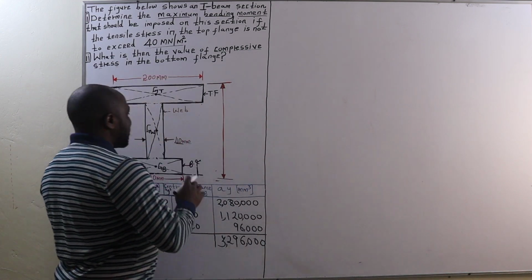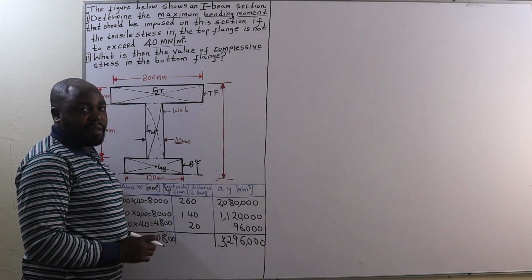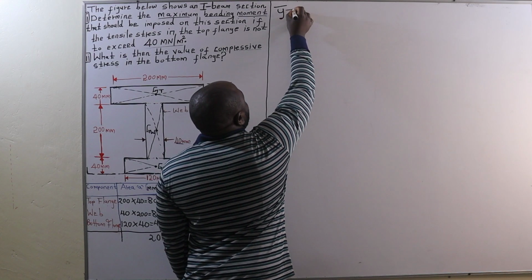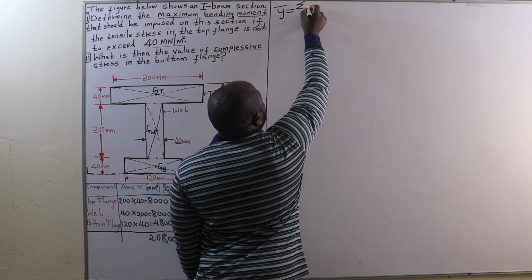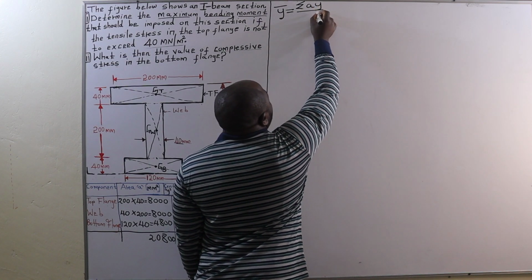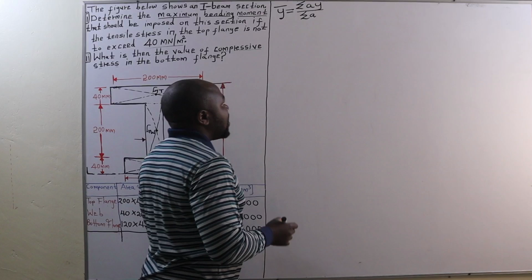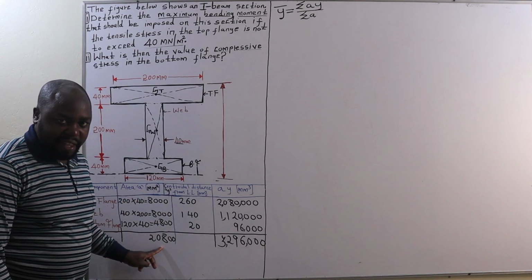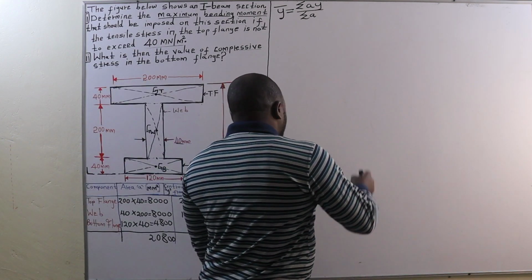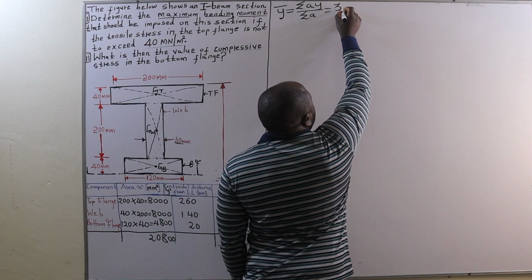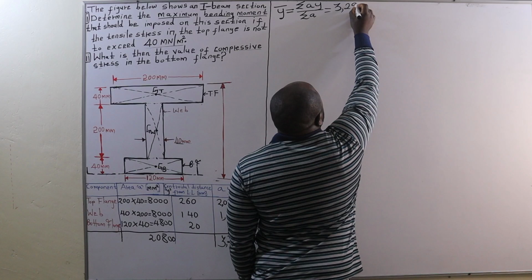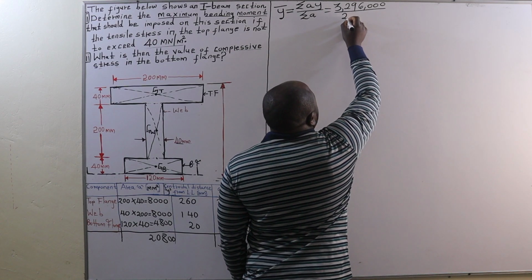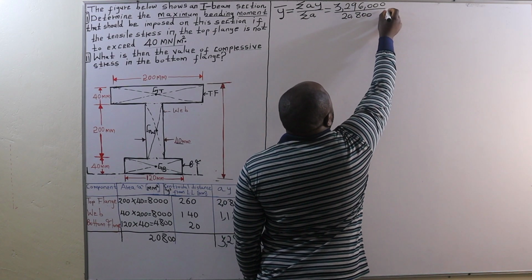Now, for us to get the center of gravity of the whole I-beam section, bar Y is going to be given by summation of AY all over summation of A. That is 3,296,000 divided by 20,800.